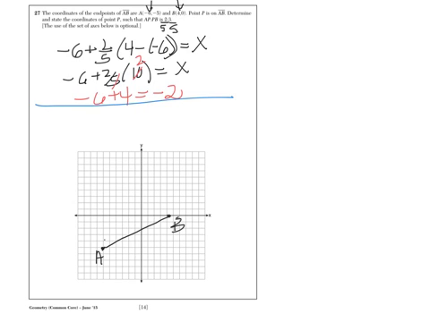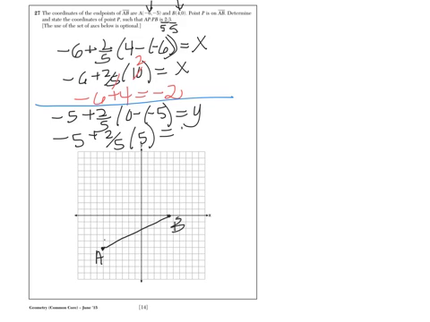And for the y value, we take -5 and add that to 2/5 times the difference of the y value for B and the y value of A. So that gives us a solution for y as -5 plus 2 is -3.